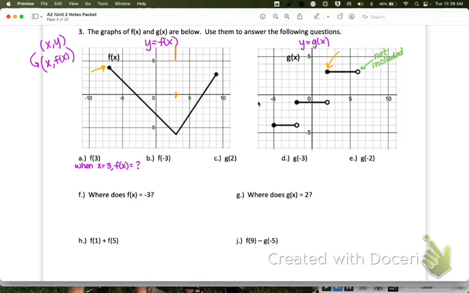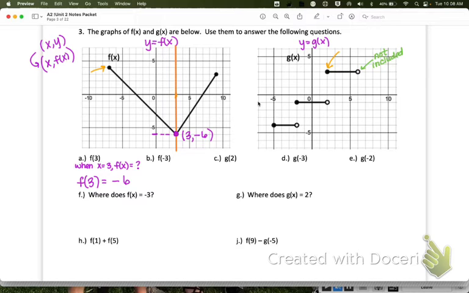And every single point on this vertical line has an x value that is equal to 3. So our question is, where does the graph cross that line? And it crosses right here. That is the ordered pair 3, negative 6. So since I know that, that tells me that f of 3, when x is 3, f of x is negative 6 because that is the y value right there. And we know that just by looking over at our y-axis.